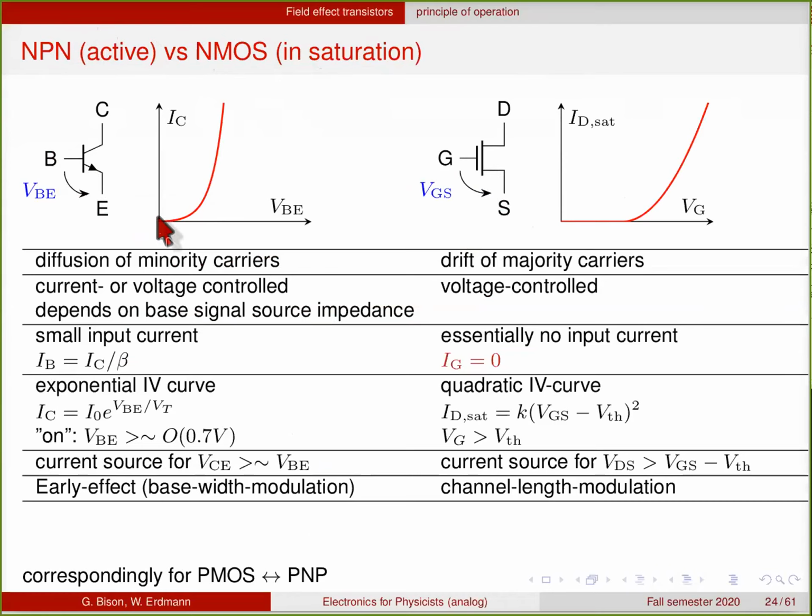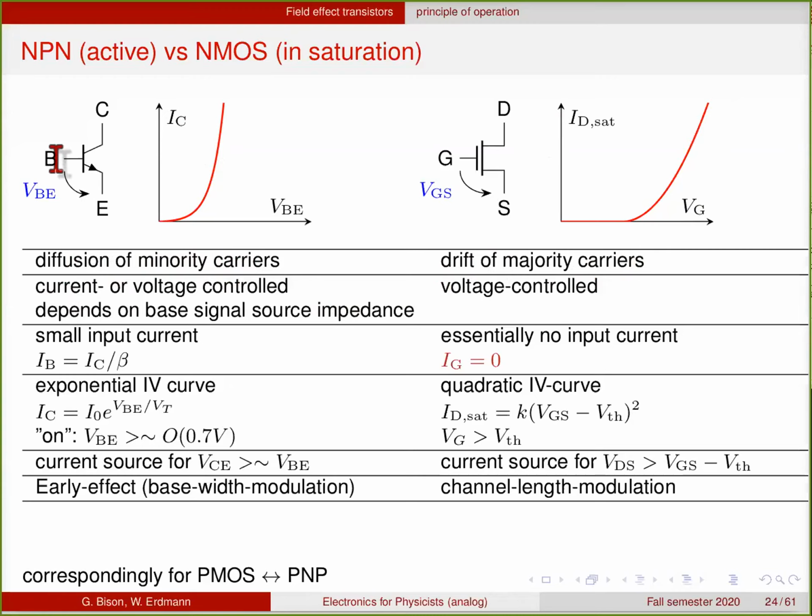And as a function of these voltages, you have this steep exponential curve for the current for the bipolar, and this slightly less steep quadratic curve for the field effect transistor. So the principle of operation, the physical mechanism, is very different. Here you have diffusion of minority carriers. Here you have the drift of majority carriers after inversion, I should say.